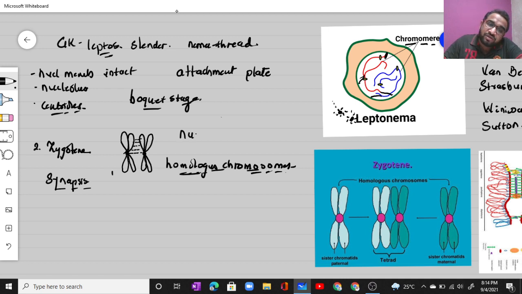Which structure has been formed? A nucleoprotein structure. Threads have been formed in between them. This complex which is formed will now be called the synaptonemal complex.